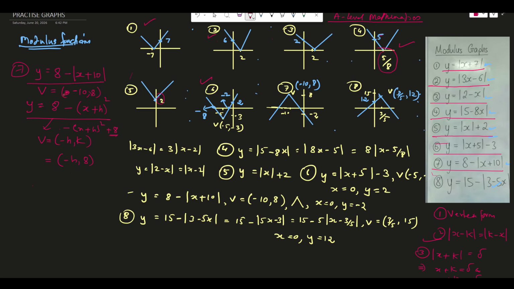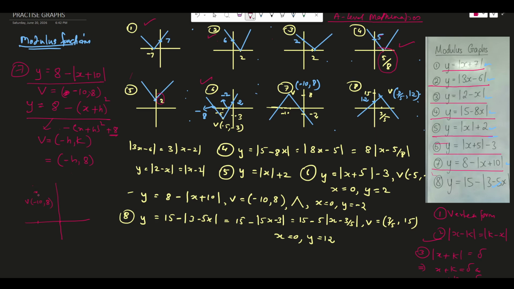So your vertex will be at minus 10 comma 8. Let us take the x and y axis. Minus 10 comma 8 should be somewhere over here, minus 10 and 8 over here. So the vertex will be minus 10 comma 8.